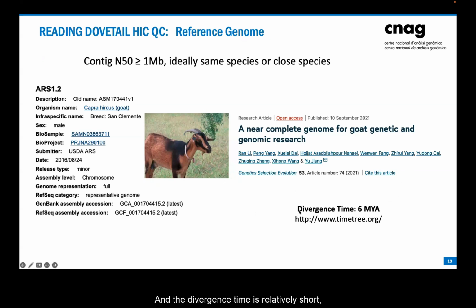And the divergence time is relatively short, 6 million years, like human and chimp, 99% identical in sequence in principle. So ideally, you should have the same species, but if not, at least aim for an assembly that has a contig N50 above 1 megabase, and that comes from a close species.